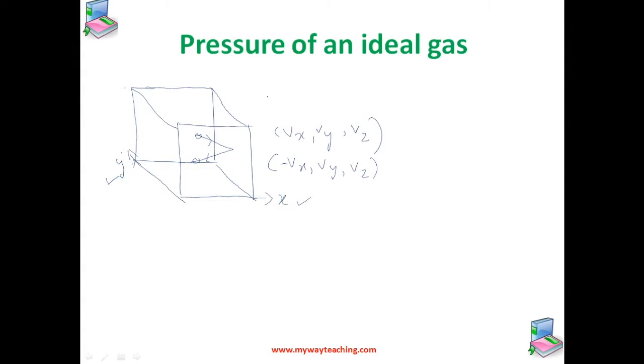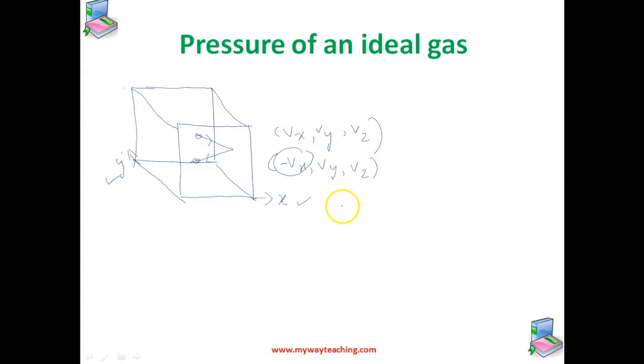Since this collision is elastic, the molecule rebounds with the same velocity in the y and z components. You can see this is the rebounded molecule. The components of velocity do not change in the collision, but the x component reverses sign. That is, the velocity after collision will be minus vx, vy, vz.